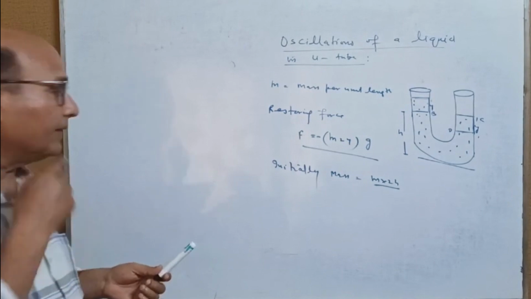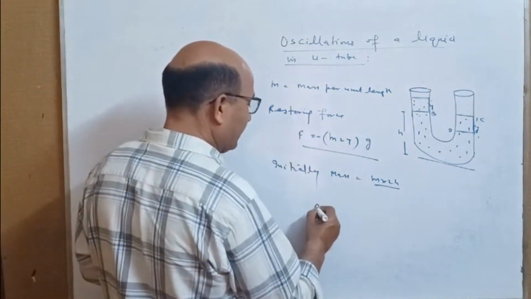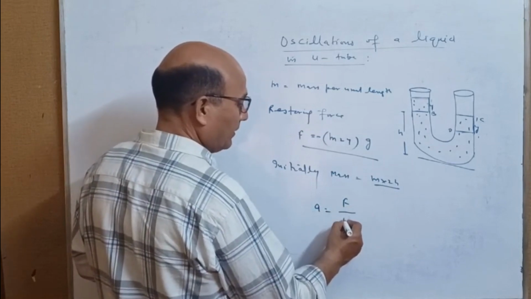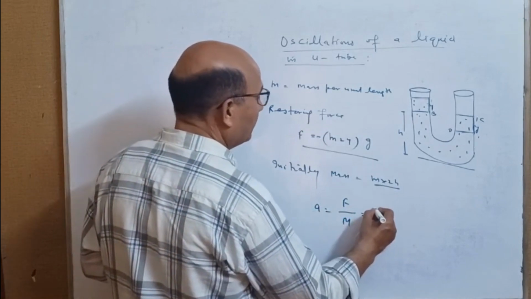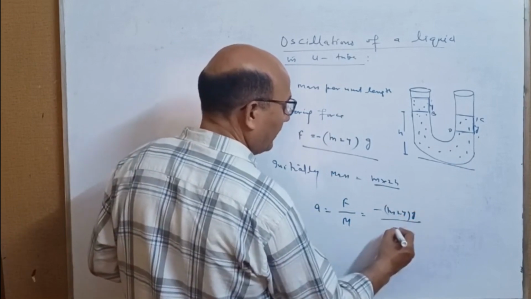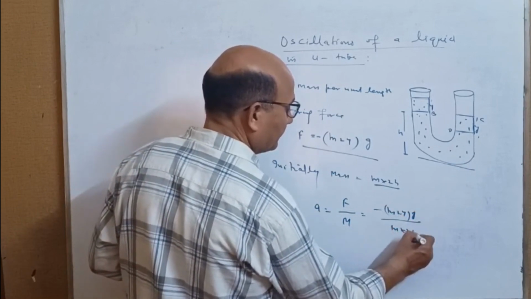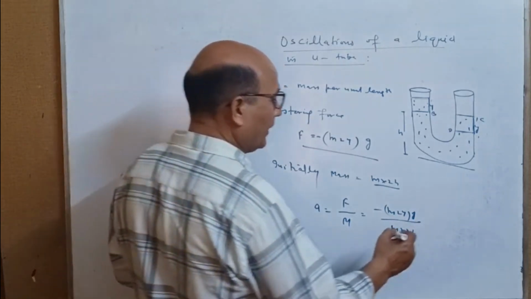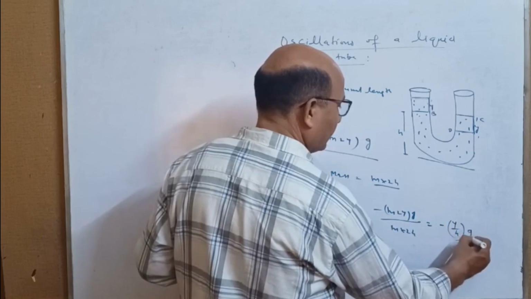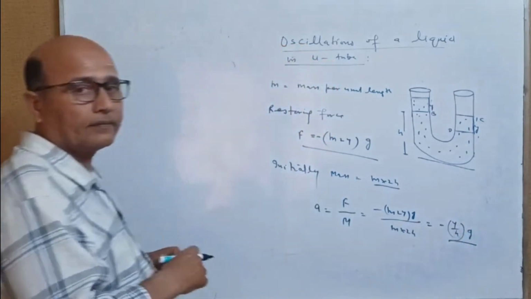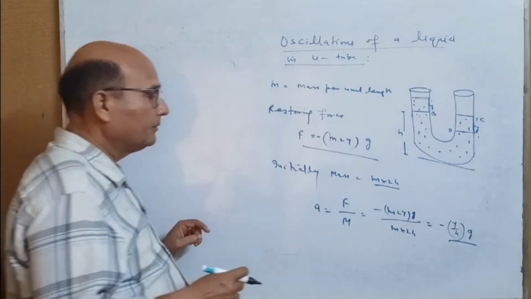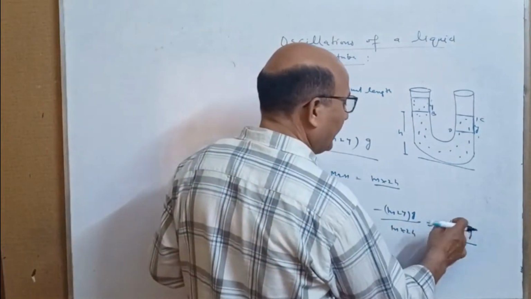Now when we apply this, the acceleration is equal to the restoring force divided by the mass of the liquid. So this becomes minus m into 2y g divided by m into 2h. Here you will get minus y by h into g, or we can write g by h times y.